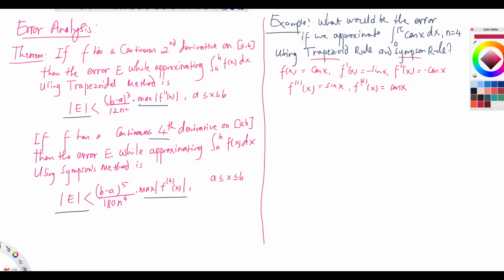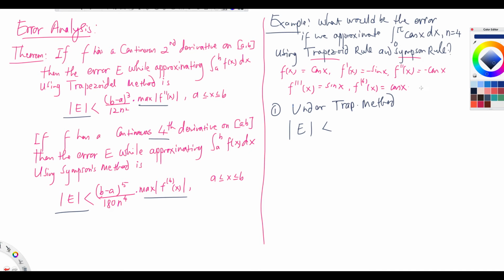Now, number one, I want to do the trapezoid method. If we use the trapezoid method, what will be the error? The error is less than (b minus a) cubed over 12 times n squared.